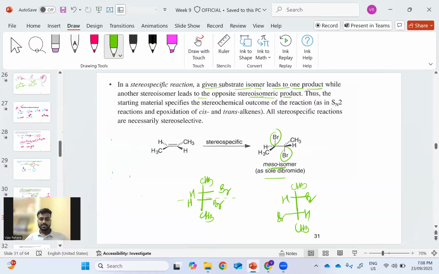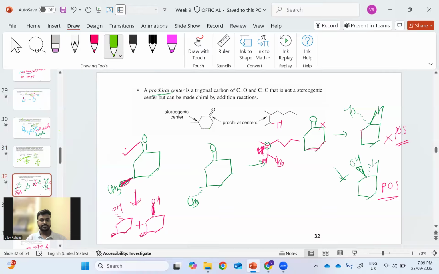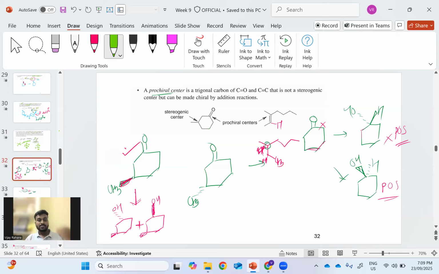Let's say here we have the trans, but when you perform such a reaction on the cis, then we get a different product. So these are some stereospecific reactions. We are going to see them when we study examples of such reducing agents.